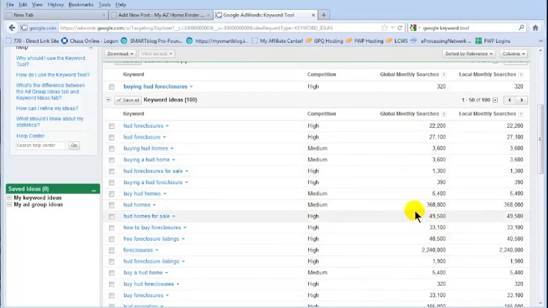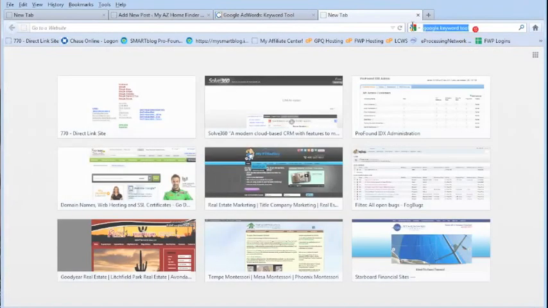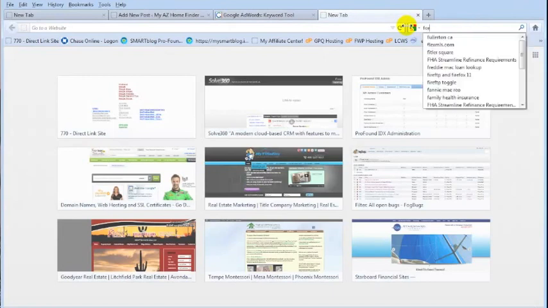Chances are, with a highly competitive term, which is what this is telling you. So what this is giving you an indication of is pay-per-click. So let me just go to pay-per-click really quick. We're going to pull up foreclosure.